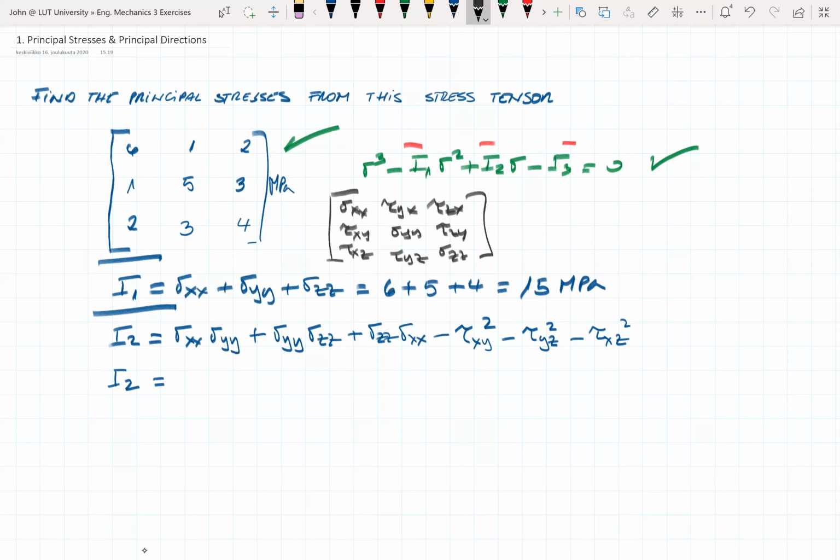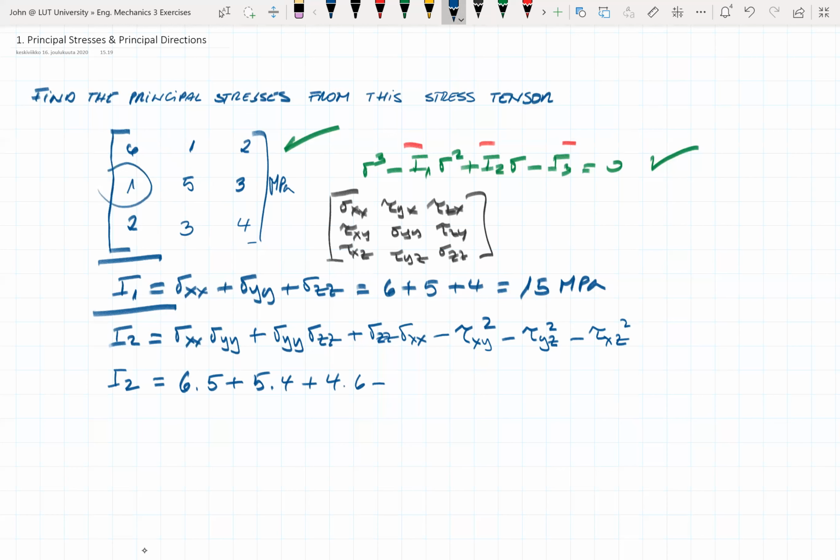So you can have this guide here. It's going to be then 6 times 5 plus 5 times 4 plus 4 times 6 minus tau xy.